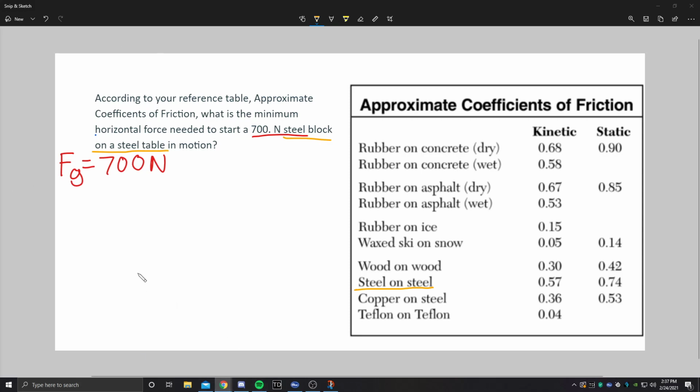So steel on steel. The object needs to start moving, so you're clearly looking for the static version. So 0.74.